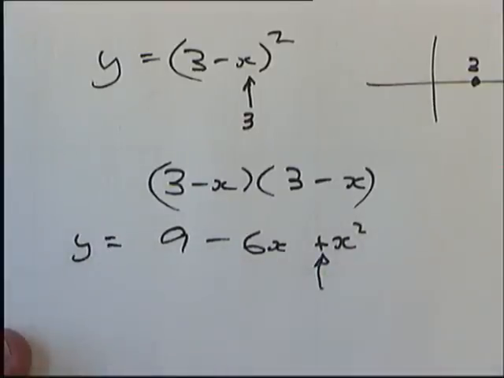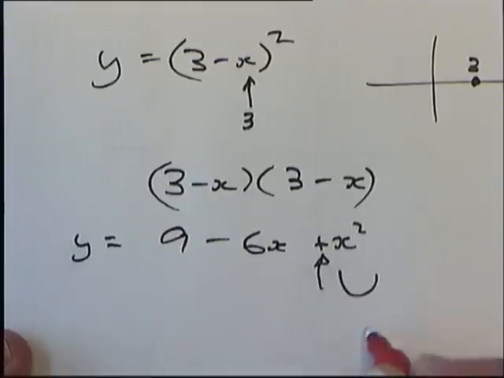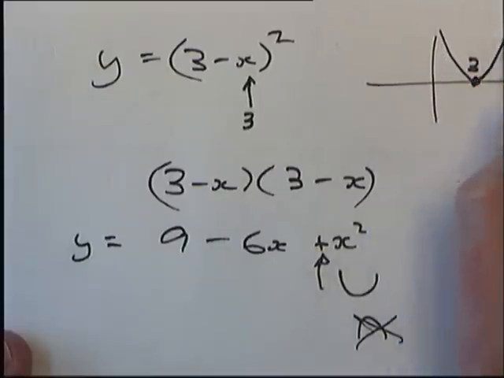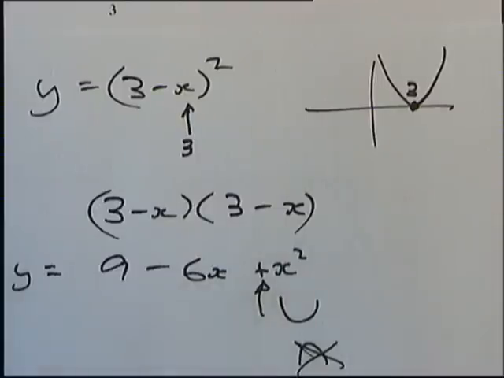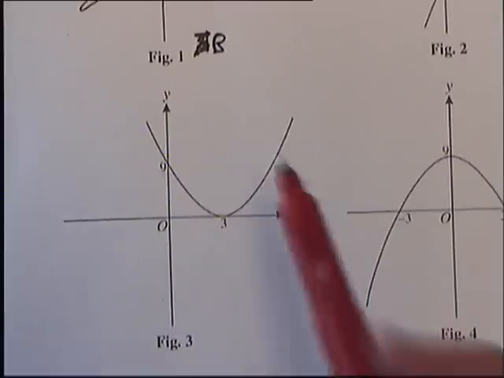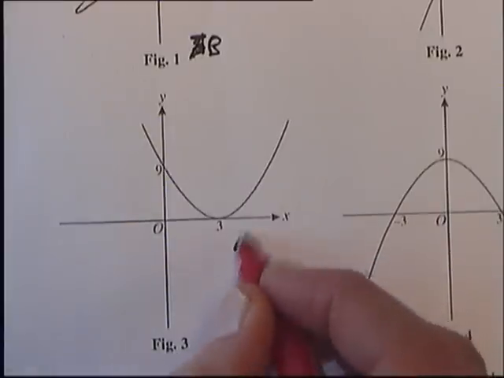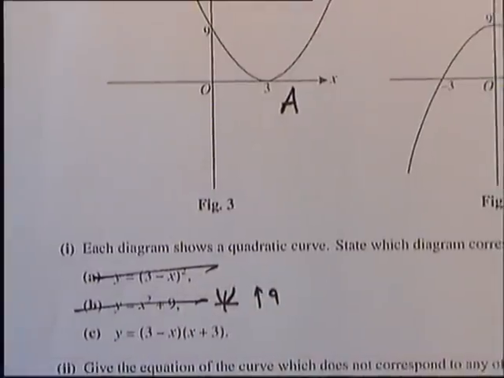And the positive x squared means this graph is that shape, not that shape. That shape would have come from a minus x squared. So I'm looking for a graph that looks like that. And if I look at the exam paper, that graph is figure 3. So figure 3 on the exam paper matches up with A.